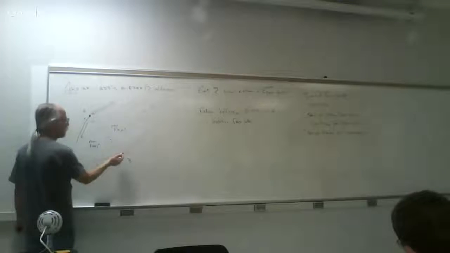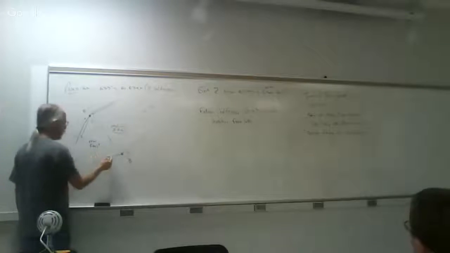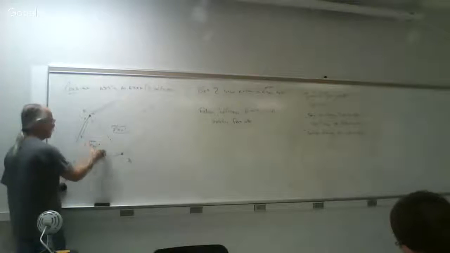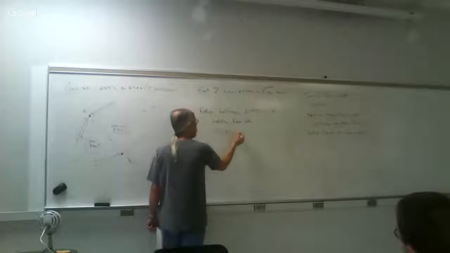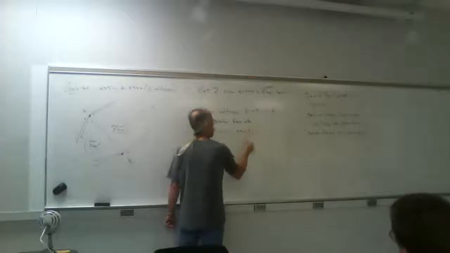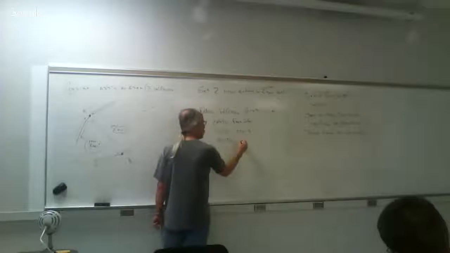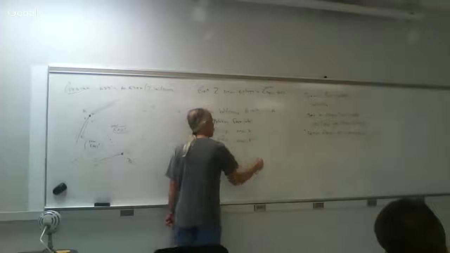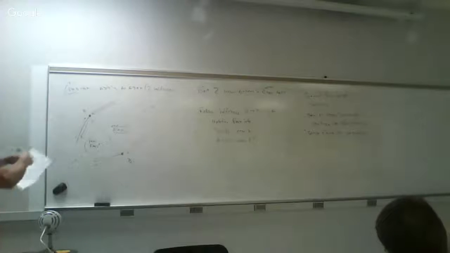From B to A, I'm going to have face prime, and from A around to B, it's going to be face double prime. So the B to A, I get the new F prime. And from A to B, I get the new F double prime, the new face that results from that split.